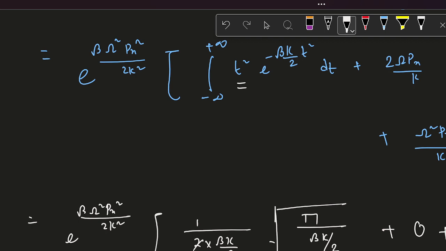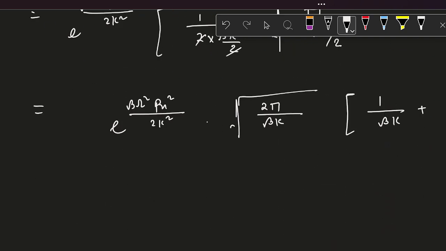So what you have in hand is now you can take the common factor out. So this is per beta omega squared px squared by 2k squared into root over of 2 pi by beta k, into this is 1 by beta k plus omega squared px squared by k squared.